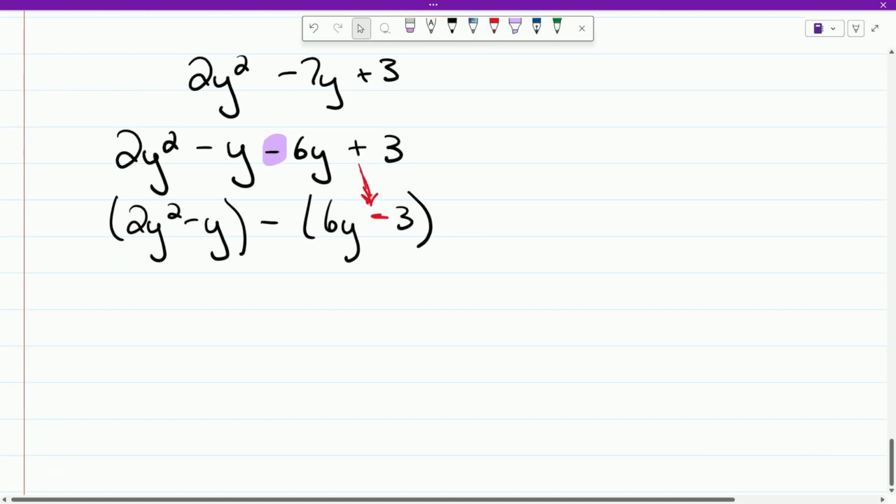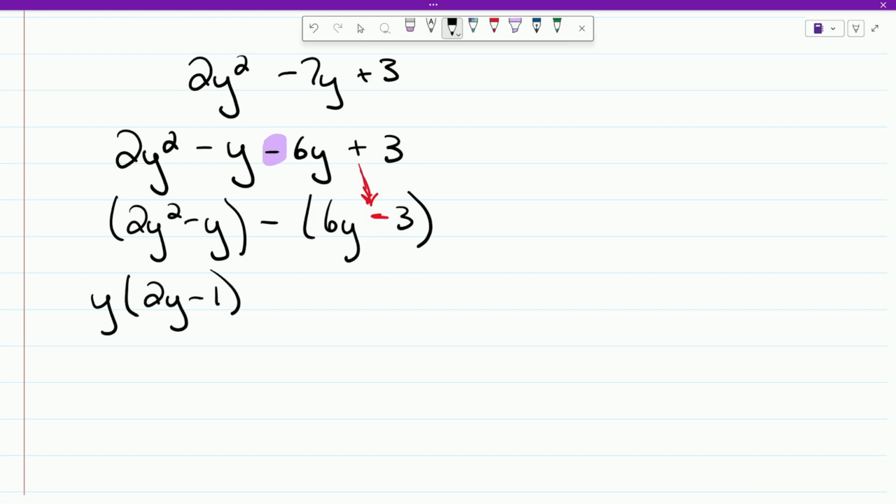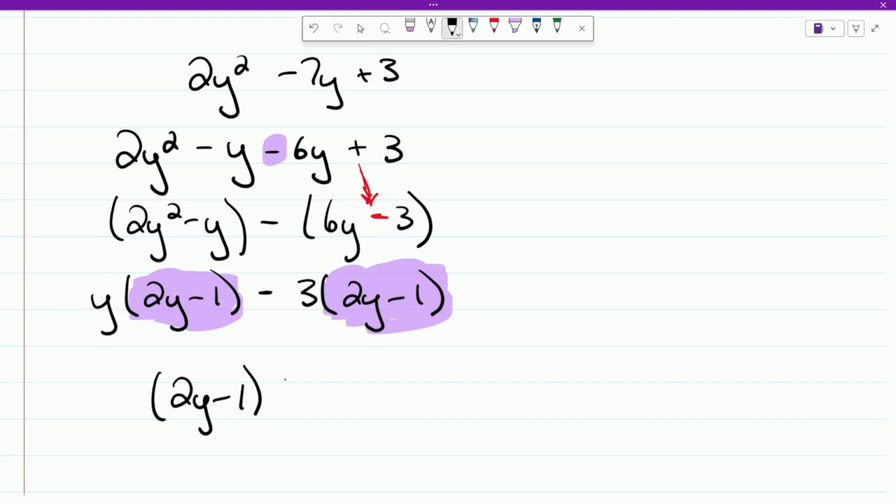Now, in each group, let's see if there's a GCF. In the first group, there's going to be a y, so that's going to be 2y minus 1. In the second group, it's going to be a 3, and that's going to give you 2y minus 1 as well. So the binomials match. Let's highlight them. So I can go ahead and factor that.